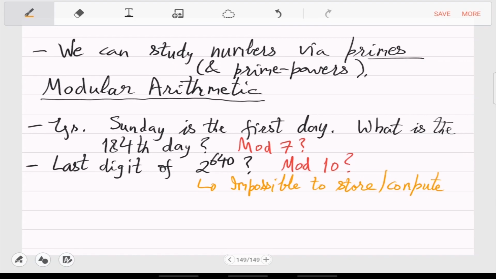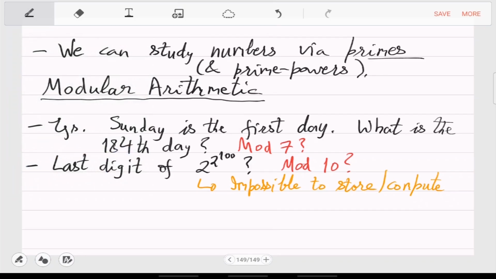Maybe that is not correct. Let's make it crazier. Something like this or this. So then it will be definitely impossible to store. Yeah, but still, whatever it is, it's still just mod 10 arithmetic.